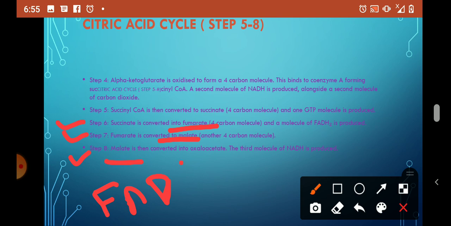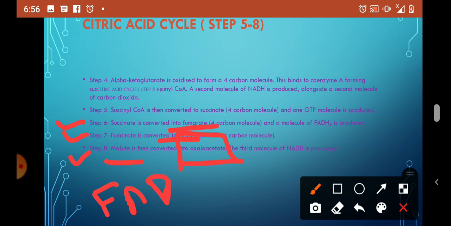In that, malate is converted into oxaloacetate, and this oxaloacetate is a very important compound which is recycled in this reaction. It repeats the cycle.